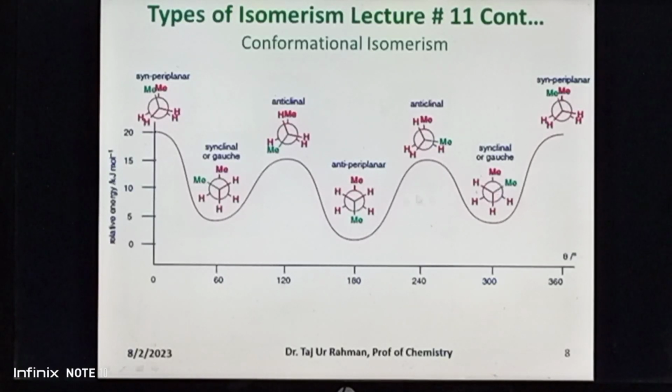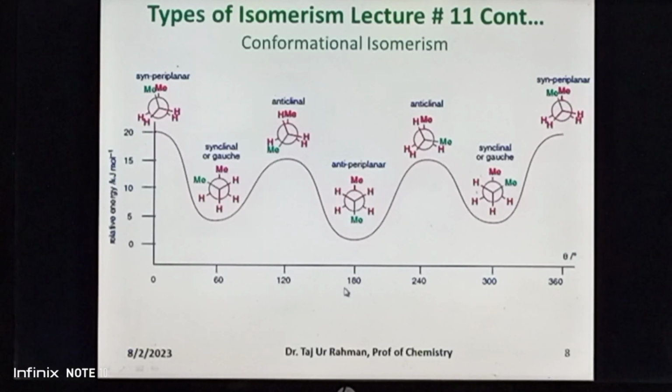These two conformers, that is gauche staggered or skew conformers, are the third most unstable conformers with 3.7 to 4.1 kilojoule per mole energy barrier if the butane molecule is in gas phase, and 2.3 to 2.4 kilojoule per mole energy barrier if the butane molecule is in liquid phase.